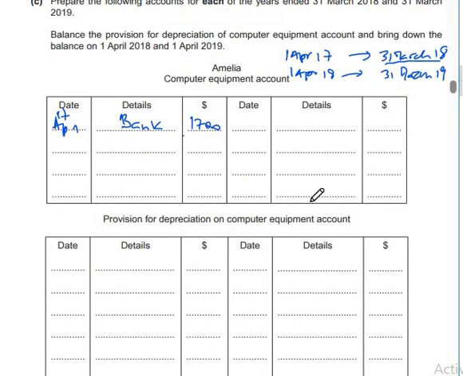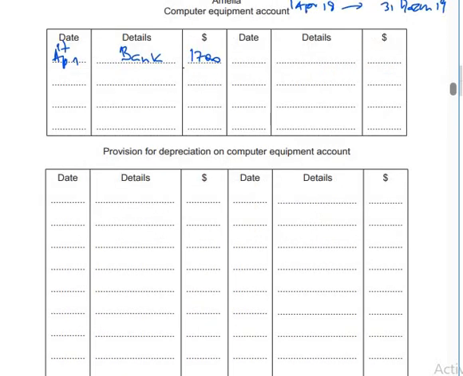Remember, the date is 31st March 2018. That is at the end of the year. So we'll credit 510 here and debit income statement. Okay, then we balance off the account the same date, March 31st 2018. Please don't go for this shortcut of writing incomplete words.